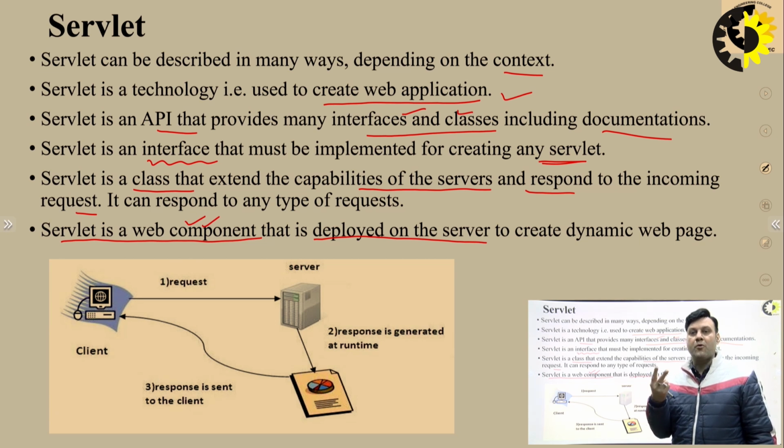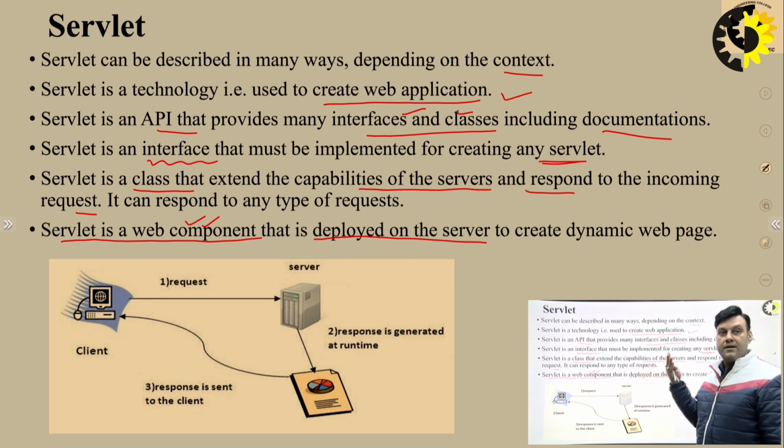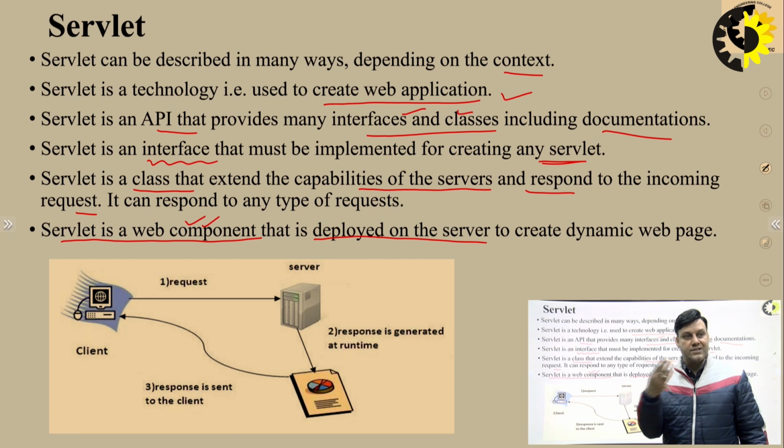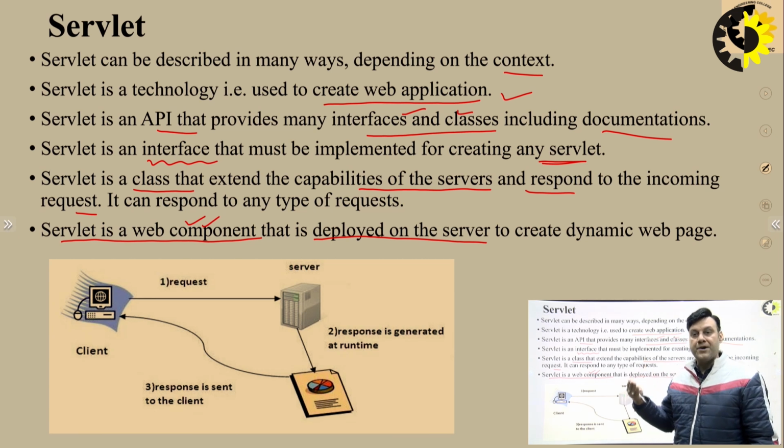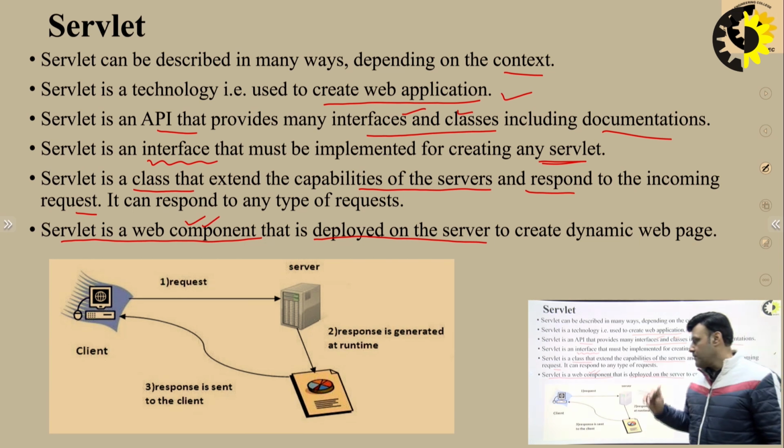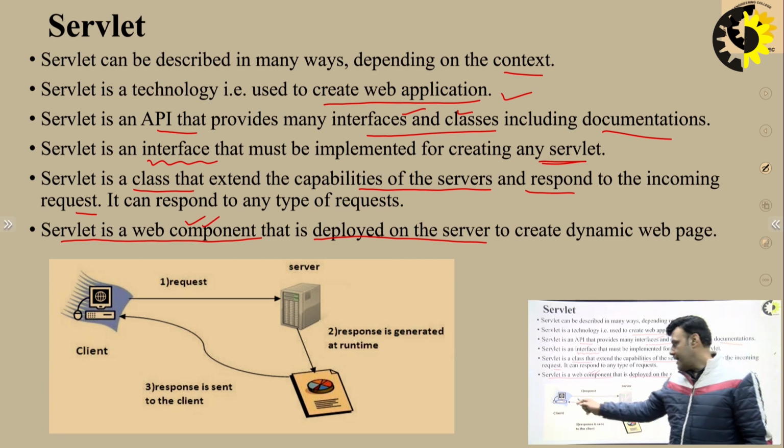API means it will provide interfaces and classes, right? Interface means an interface that is implemented for creating a servlet, okay, and classes means they extend the capability of the server, okay, because we are going to handle dynamic web pages, okay. So with the help of this diagram, this is a simple client server architecture diagram, okay. So the client will send a request.